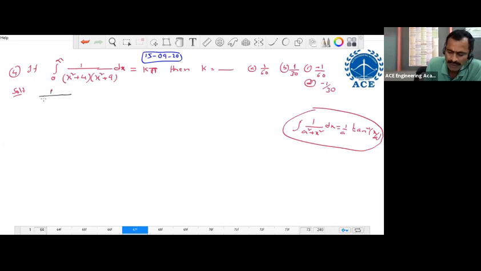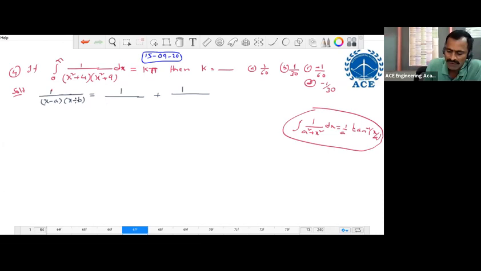1 by x minus a into x minus b. In the differential equation also, I wrote this formula while doing the general method on particular integral of differential equation. In the denominator, we have two linear factors. So we write the sum of two terms.